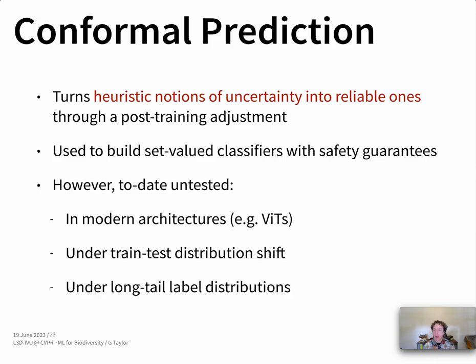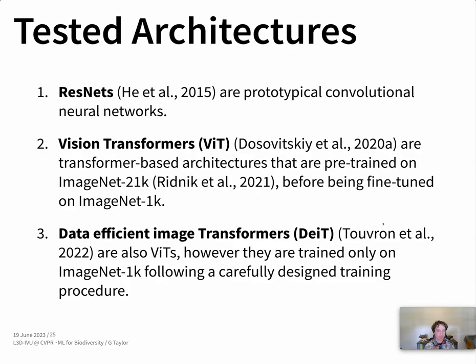But the methods have, to date, taken some time to gain traction in the machine learning and computer vision community. And so they have remained largely untested in modern architectures like vision transformers, and under the settings that we typically find in biodiversity, like train test distribution shifts and long tail label distributions. So we've been spending some time focusing on how these methods actually perform under these settings.